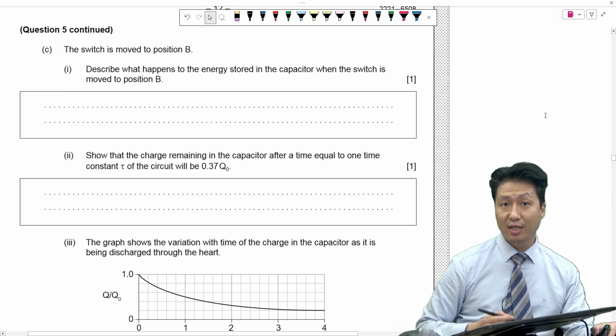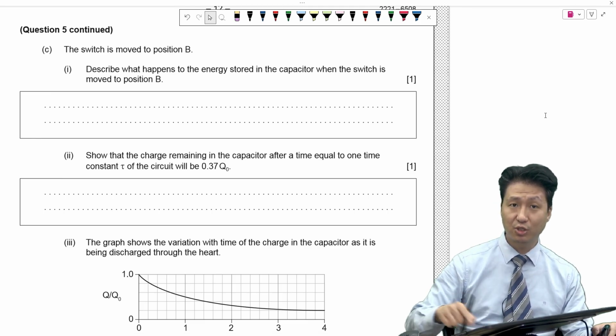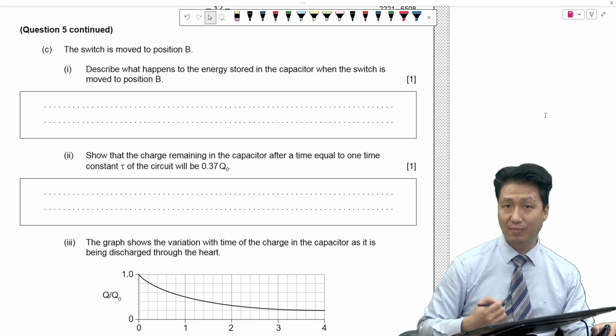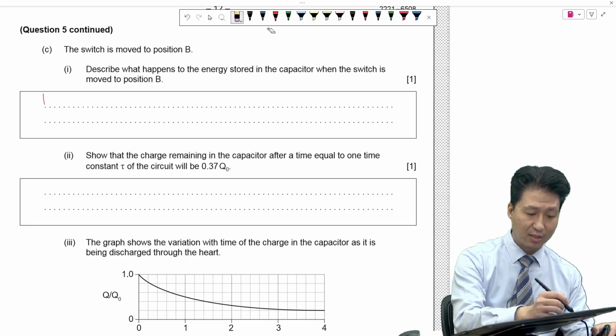Part C, the switch is moved to position B. This means it's going to discharge. Number 1, describe what happens to the energy stored in the capacitor when the switch is moved to position B. So, the capacitor discharges.